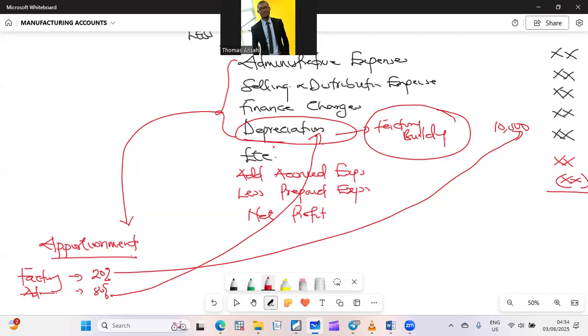So let's talk about some small basis for apportionment so that when you are doing it, you will know that this is apportioned to this one, this is apportioned to this one. All right, so some of the expenses and their basis of apportionment.